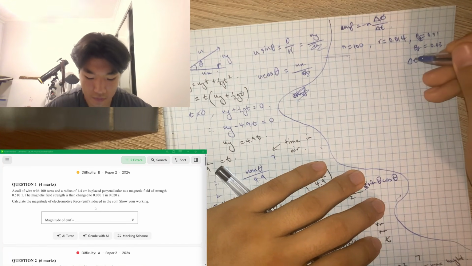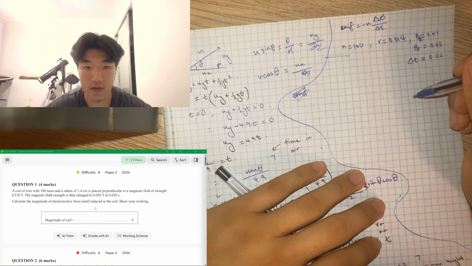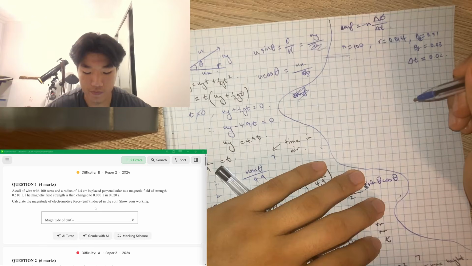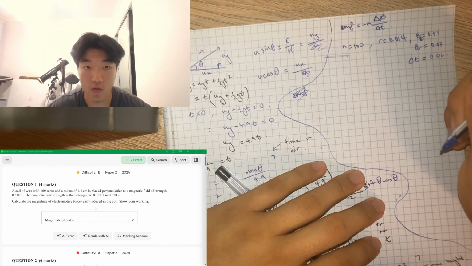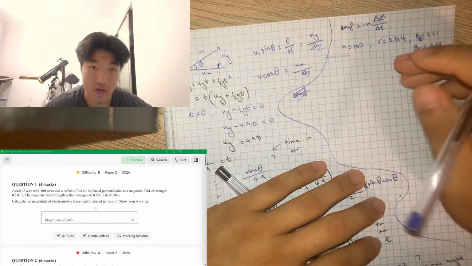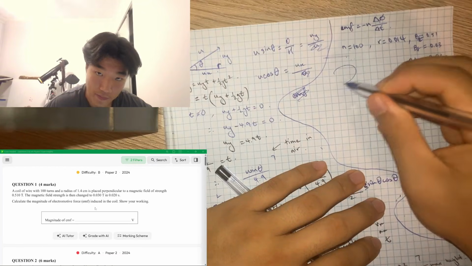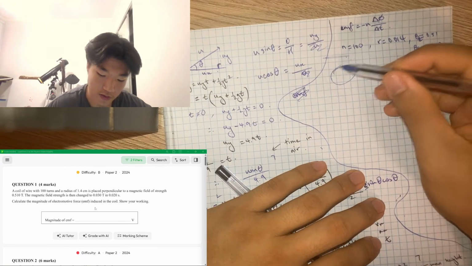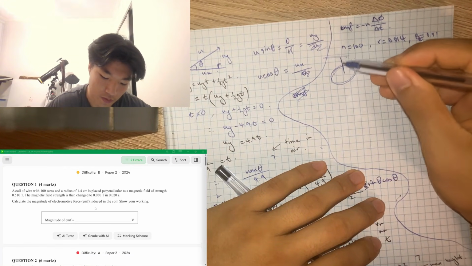But I think it's the angle of the, so we have the loop, right? So pretend this is 3-dimensional.